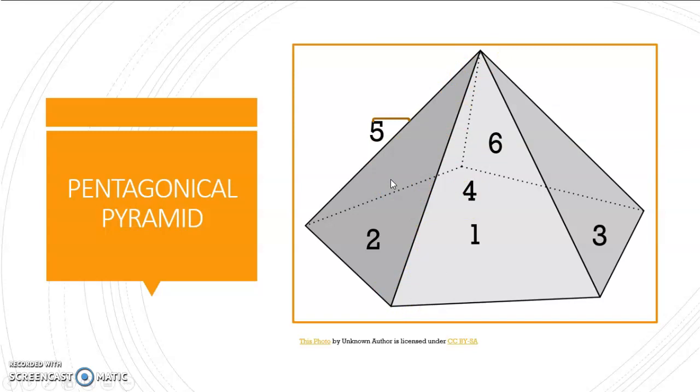So let's see how many vertices we have. 1, that is our apex. 2, 3, 4, 5, and 6. So it is the number of sides of our base plus 1, the apex. How many edges? 1, 2, 3, 4, 5, 6, 7, 8, 9, 10, 11, and we missed 1.